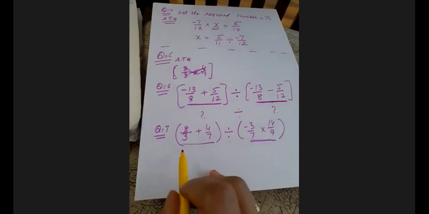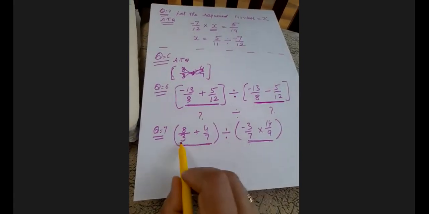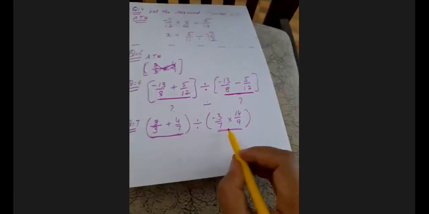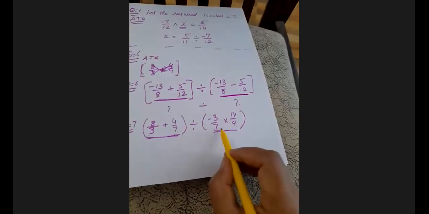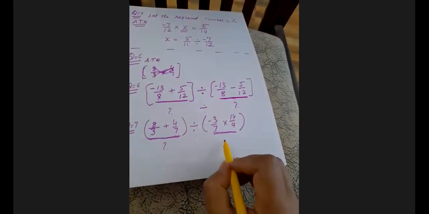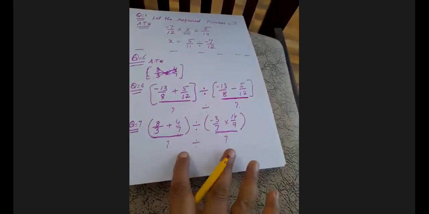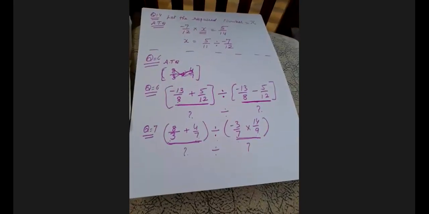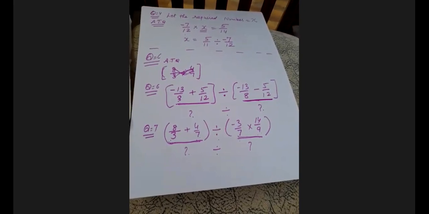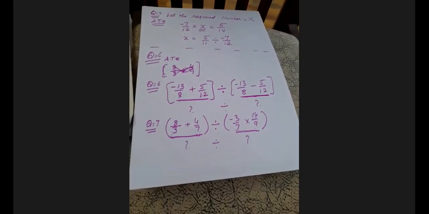Yes, friends, now in the first part we'll solve this part. We'll add these two numbers. Then we multiply these two numbers. The results which we obtain, we will divide. Clear, students? Now the last question.